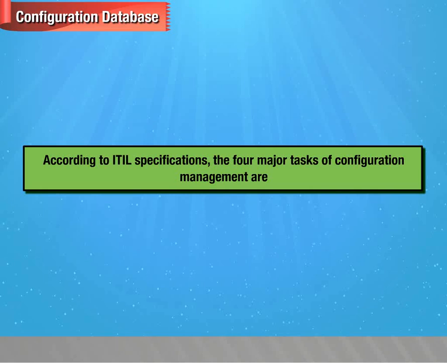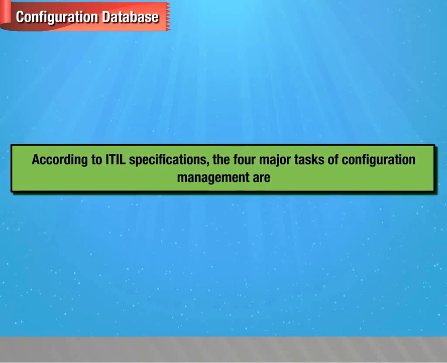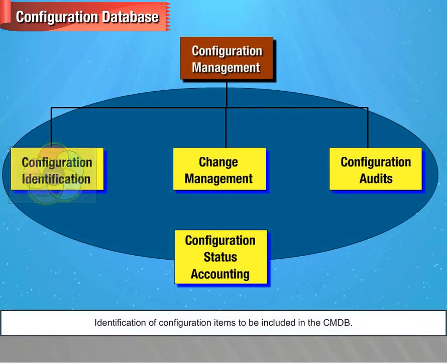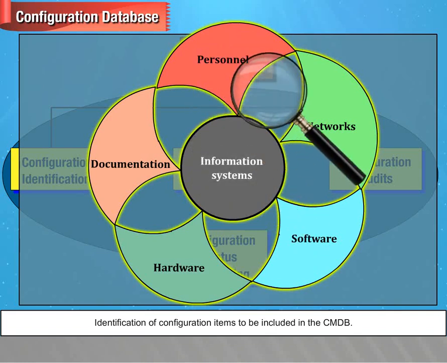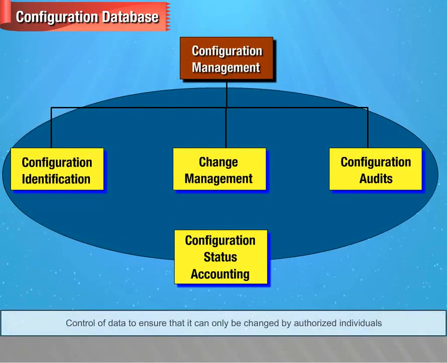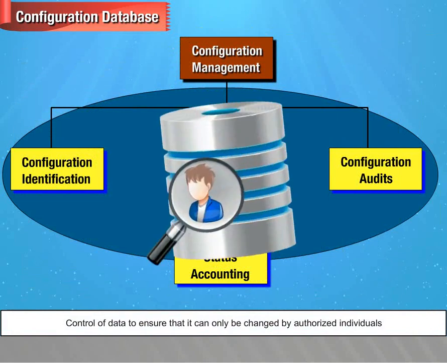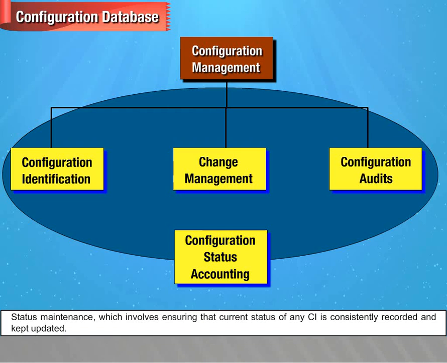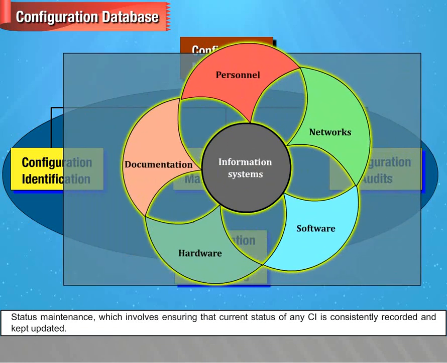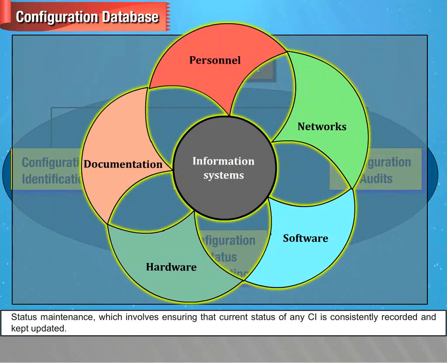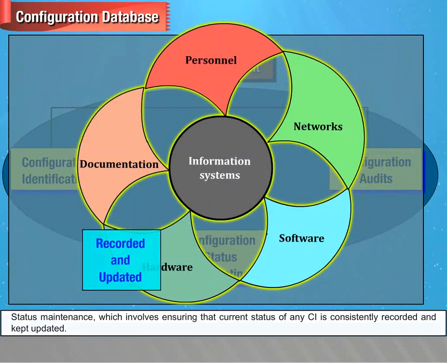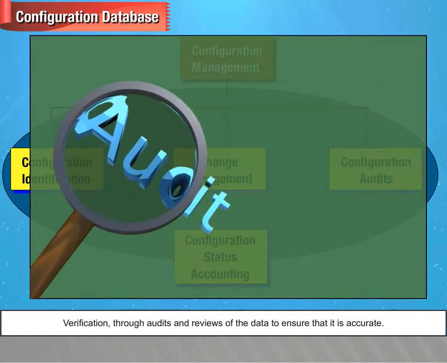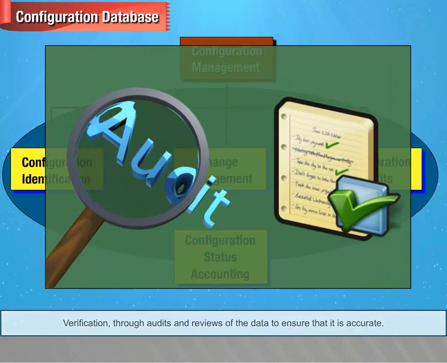According to ITIL specifications, the four major tasks of configuration management are identification of configuration items to be included in the CMDB, control of data to ensure that it can only be changed by authorized individuals, status maintenance, which involves ensuring that current status of any CI is consistently recorded and kept updated, verification through audits and reviews of the data to ensure that it is accurate.